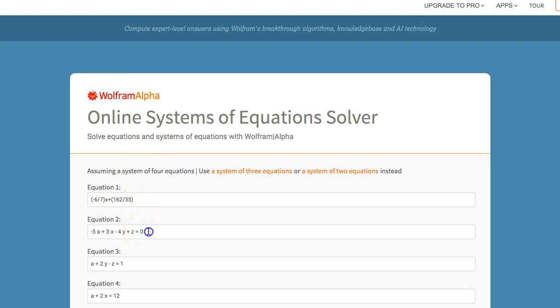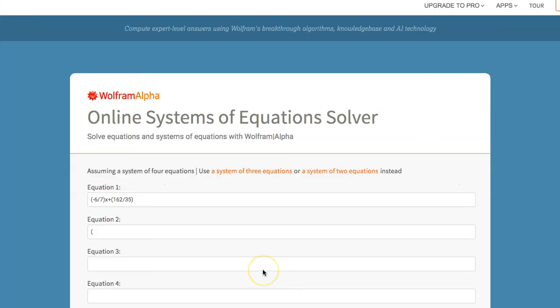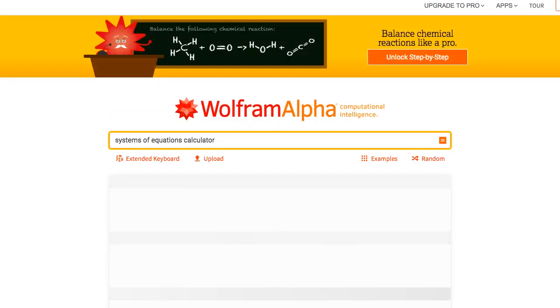And then I don't need 4. And equation 2 is, well, I can't remember it. It was 5 over 23x plus 1. But actually, this was the first one, but it doesn't matter. Wolfram Alpha doesn't particularly care.